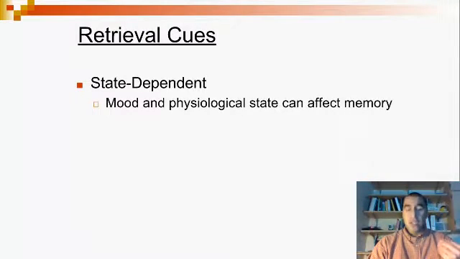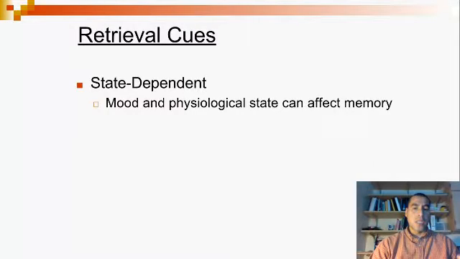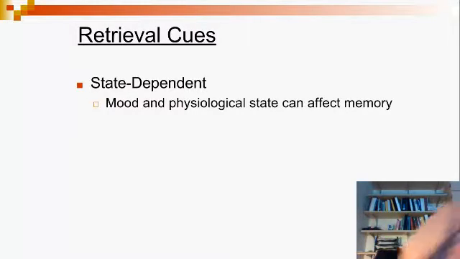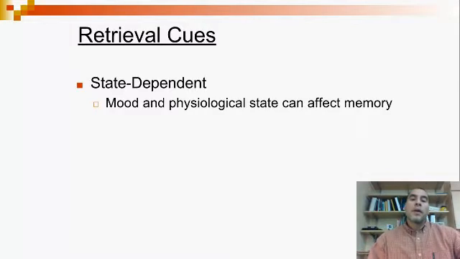They are likely to recall sad instances of their life. Why? Because that's the emotional state they're in. If they are not depressed and they're happy, they're likely to recall happy instances in their lives. So our mood and physiological state can affect our memory.